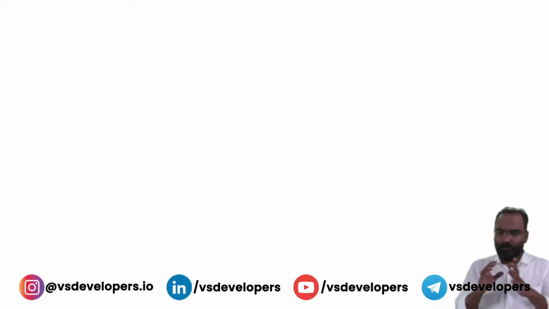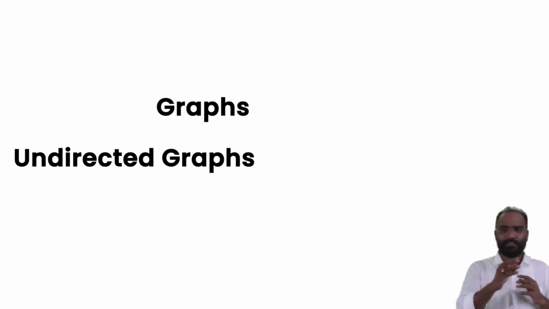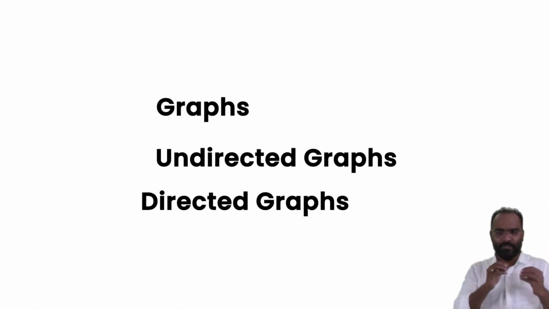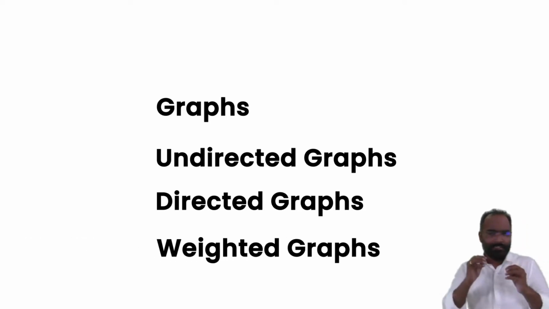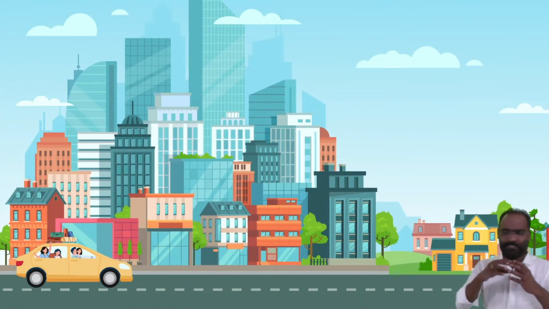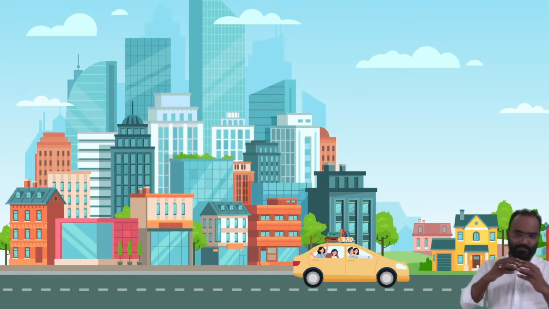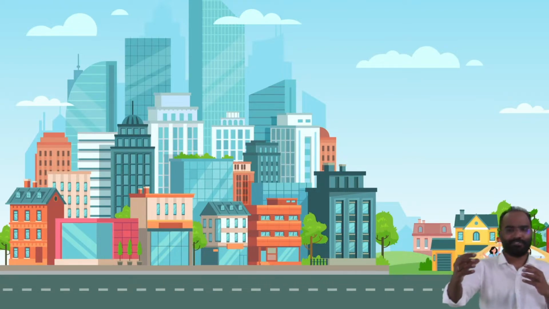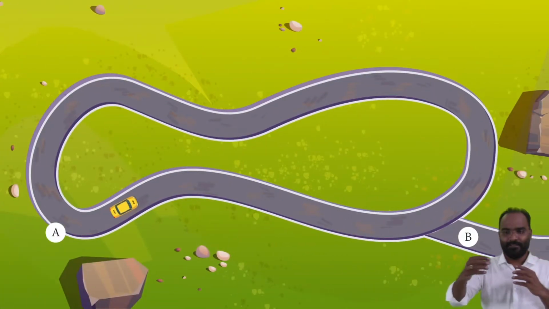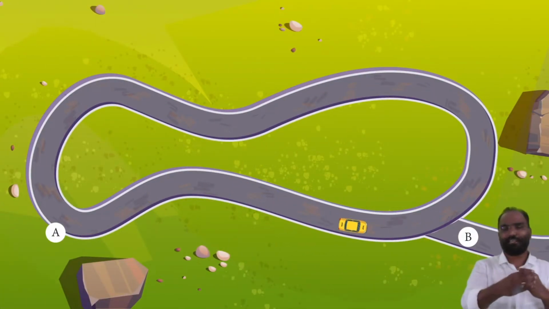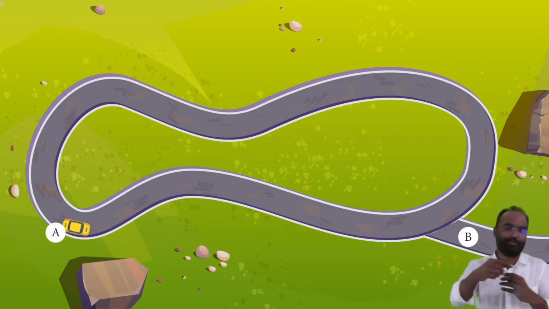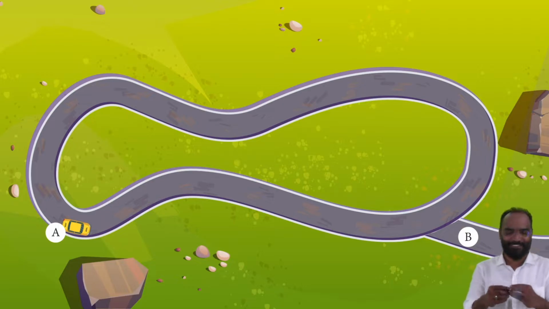Well, so you have seen a graph, undirected graph, directed graph, weighted graph. Let's see, isn't it possible that when you are starting from point A, you start with the intention that you want to reach point B. After say 10 kilometers, you lost your route, and then you went around and you reached back to the place where you started.